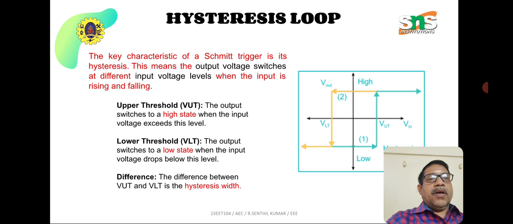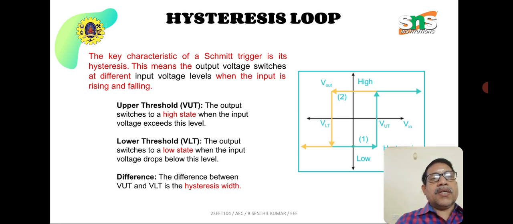If the input signal of one transistor crosses the upper threshold value, then there may be a change from high voltage to low voltage. Similarly, if a signal crosses the lower threshold value, then the transistor may change from low to high.